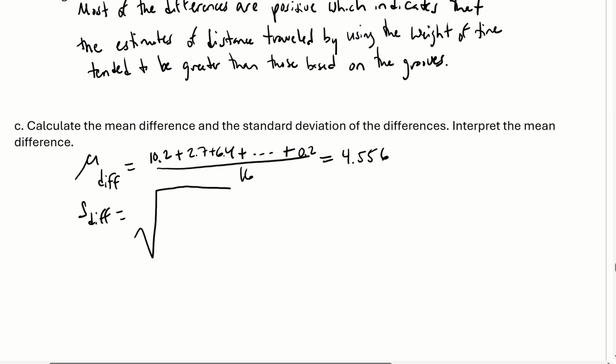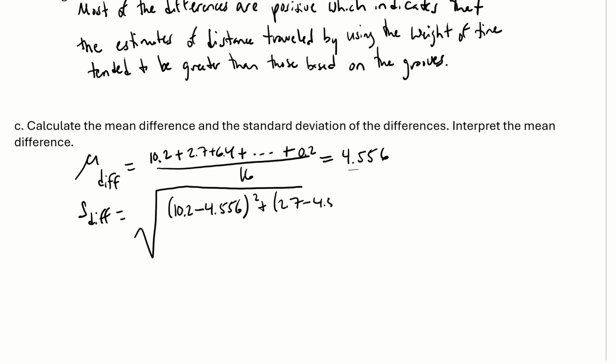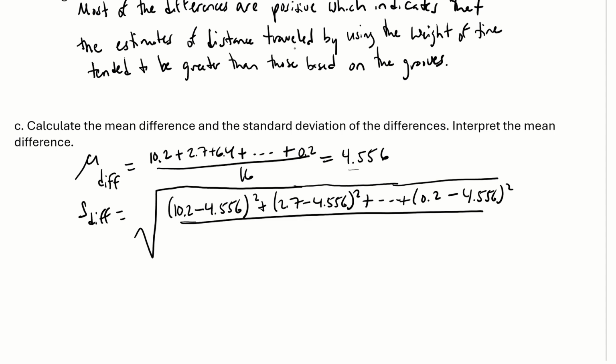The formula is you take the number minus mu difference, squared, plus the next number minus mu, squared, plus all the way to the last number minus mu squared, divided by n minus 1, so 16 minus 1. This is just to show you the calculation so that you don't forget how to do standard deviation, but you've got all this on the calculator anyway. So we get 3.226.